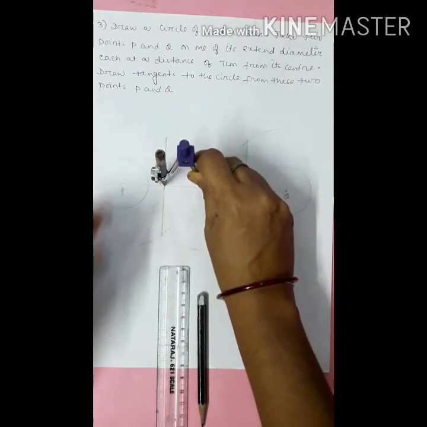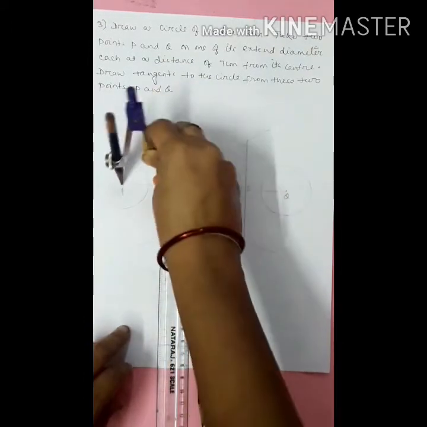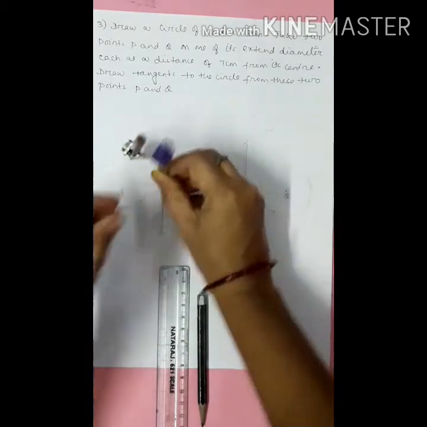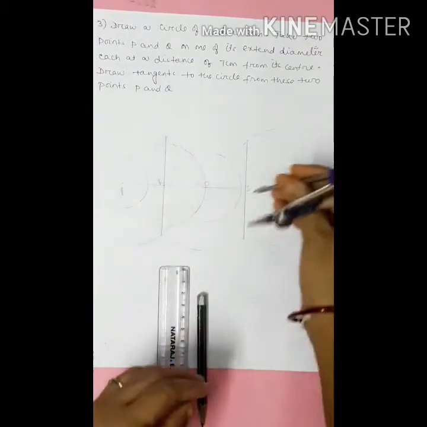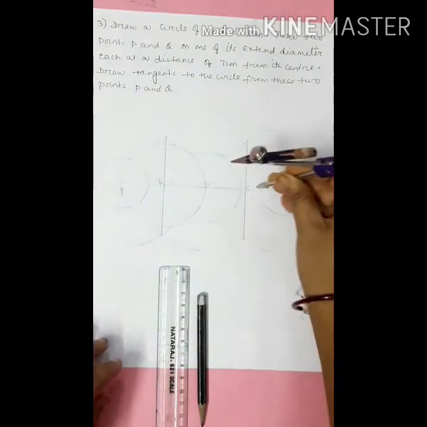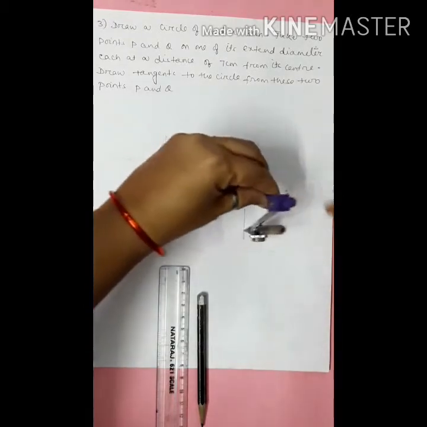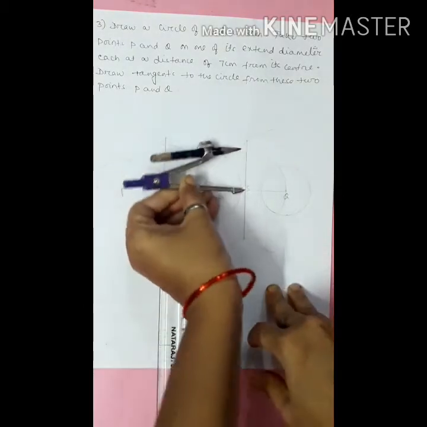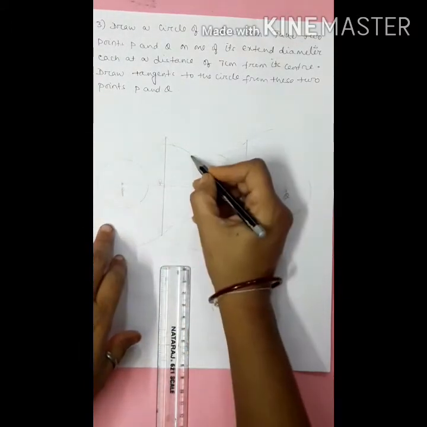Now take OR as the radius, make R the center and construct a circle. Similarly take S as the center and construct another circle with radius SQ. Now what will we do? This is the point P and this is the construction.